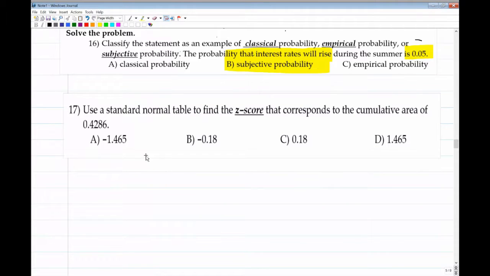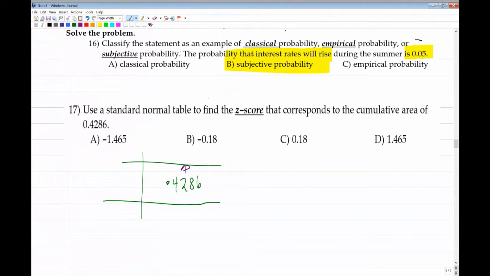So you have an area under the curve. Over here, an area of 0.4286. We need to find where this came from. This came from somewhere over here and something over here. We need to go back to the table to find out.